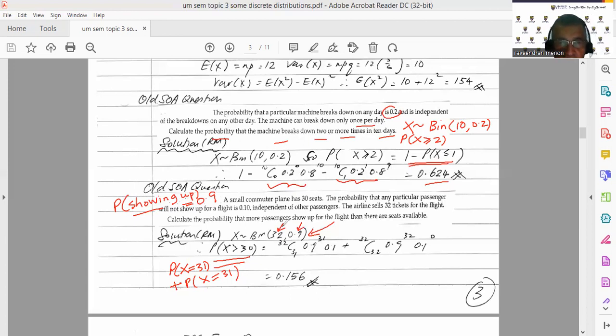So we have a binomial distribution here, and you plug in the values in a calculator for X equals 31 and X equals 32, and you'll get your answer, 0.156.